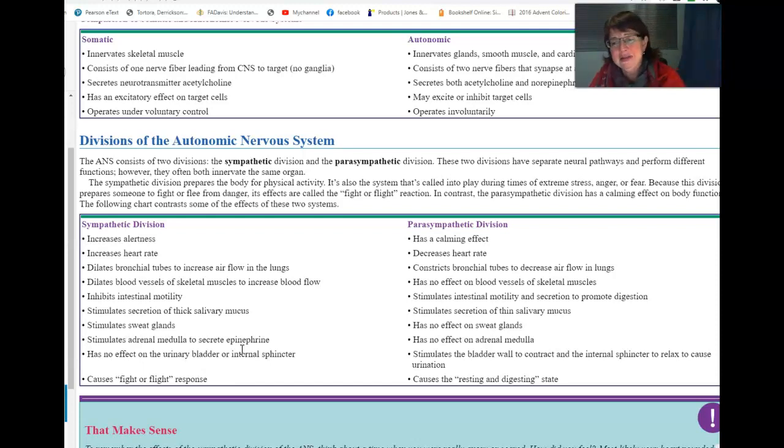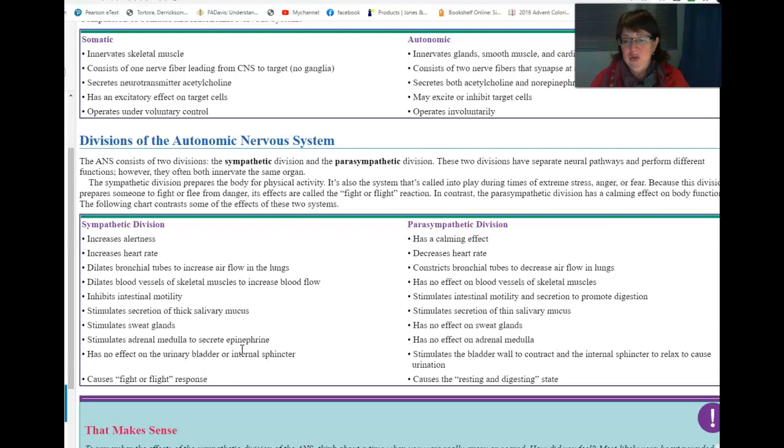The parasympathetic nervous system will calm down everything and kick in the digestive system. That's why the parasympathetic nervous system is rest and digest. So you're going to decrease your heart rate, you're going to constrict your bronchial tubes to decrease airflow.